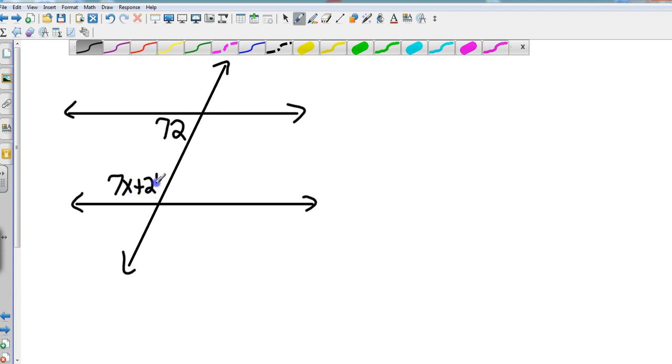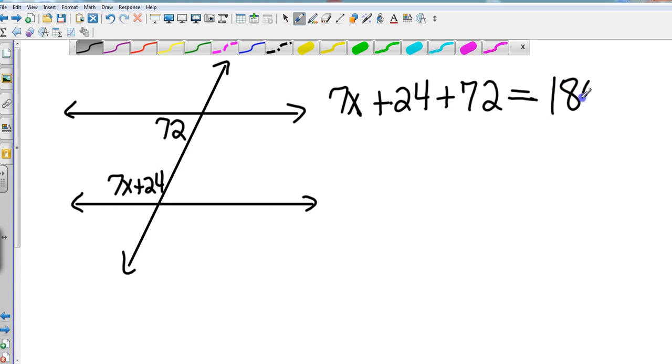And I asked you to solve for x. Well, in this case, because they are consecutive interiors, we would take 7x plus 24, and we would add to that 72, and the relationship of consecutive interiors is that they are supplementary. So we will set that equal to 180 degrees.